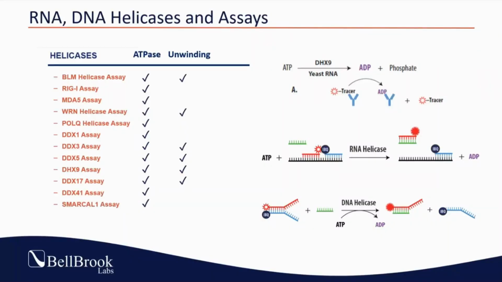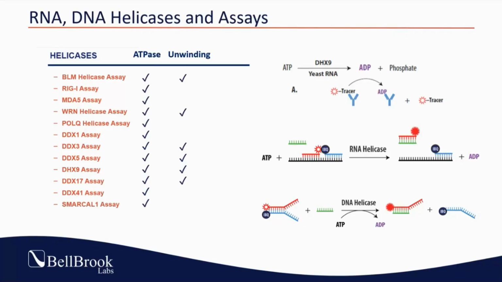We'll also be adding additional helicases to this portfolio. We already have 2 additional DEAD box helicases in and functional that we'll be adding. We'll be adding more of the SMARCA enzymes next year. So we'll definitely be expanding this portfolio to additional RNA and DNA helicases in the coming year.